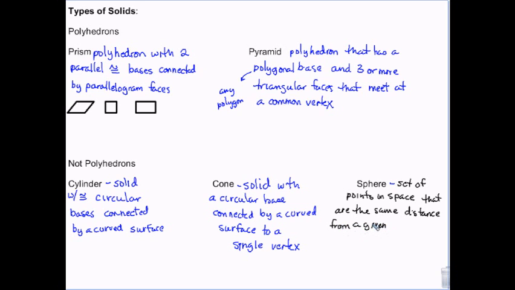Remember I told you guys that the definition of a circle was the set of points on a plane that were equally distant from a center point. Well, a sphere is the same definition, but instead of being on a plane, we're three-dimensional. So you have all of the points all the way around the outside of some central point.